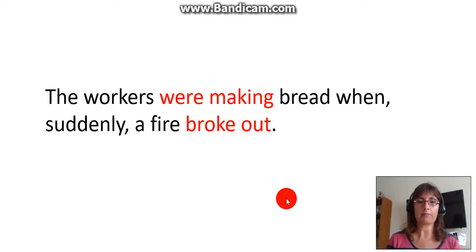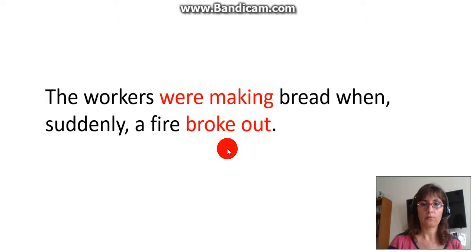Let's see another example. The workers were making bread when suddenly a fire broke out. Look at this sentence. How many verbs are there? Right, there are two verbs. Were making and broke out. So here there are two actions, but one is a long action and the other one is a short action. If you look at broke out, the fire broke out. Is it a long action or a short one?